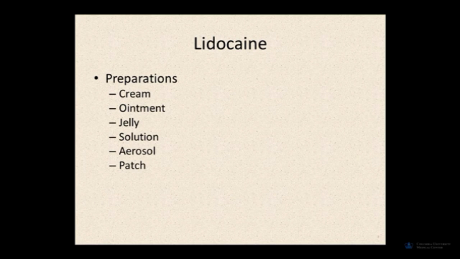The idea is to agonize the alpha-1 receptors, to stimulate those alpha-1 receptors and cause constriction of the area so that the lidocaine or whatever your anesthetic is doesn't diffuse out of the area. It keeps it at the site that you want it so that the area stays numb the entire time that you want it there.